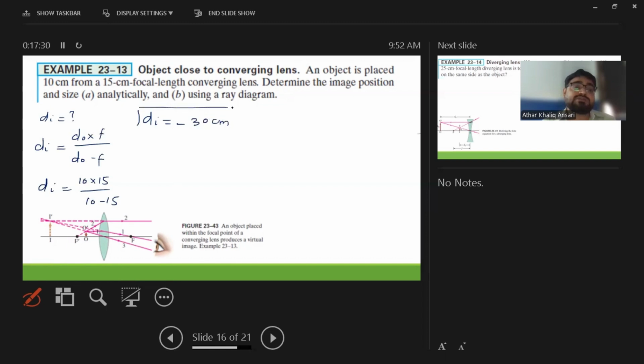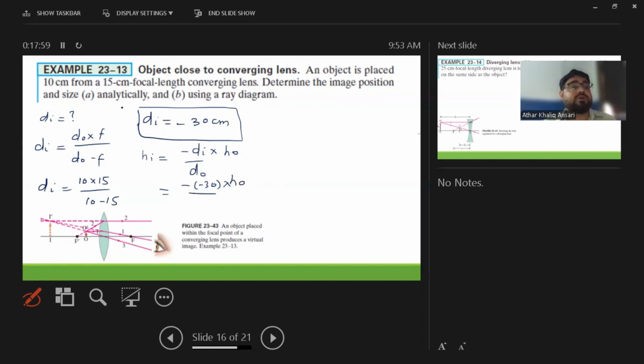Now, they ask for the size. So when they ask for the size, it means they need the height, HI. So HI is negative DI times HO over DO. So negative DI, minus 30, times height of the object. Is it given here? So keep it HO, no problem.